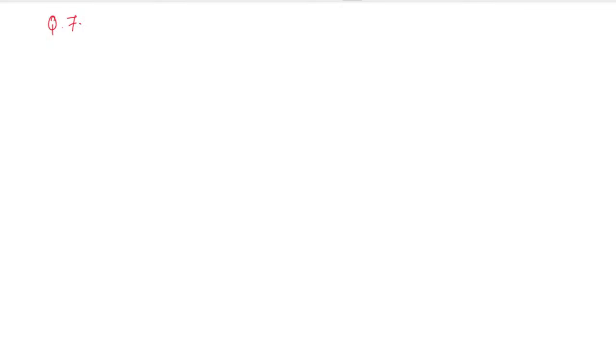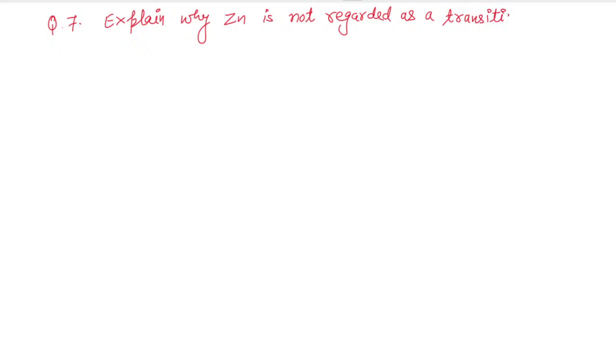Question number 7 is, explain why zinc is not regarded as a transition element. Very good, Sajid.